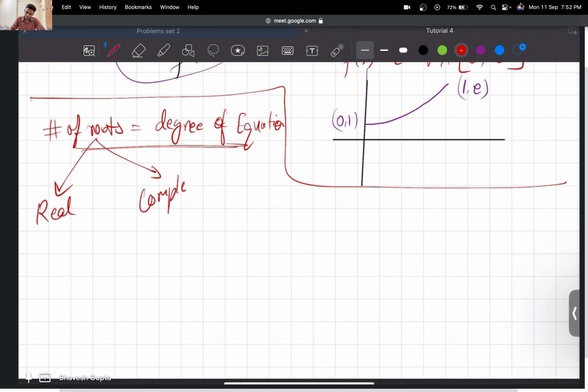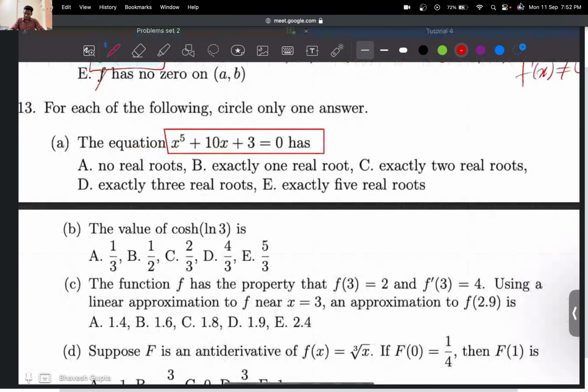I would not use the word imaginary, I would say complex. You might have some of the roots real, some complex, but if you sum all of them, that will be equal to the number of total roots, and that total is equal to the degree of the equation. And in this question, you can see the degree is 5. It's a fifth degree equation. So definitely it has 5 roots.